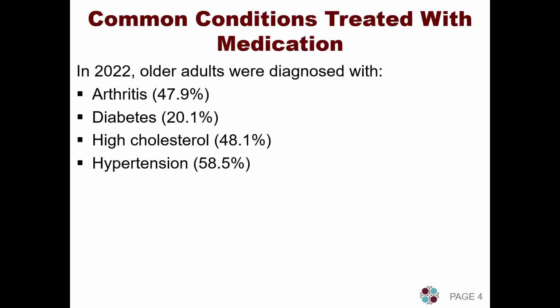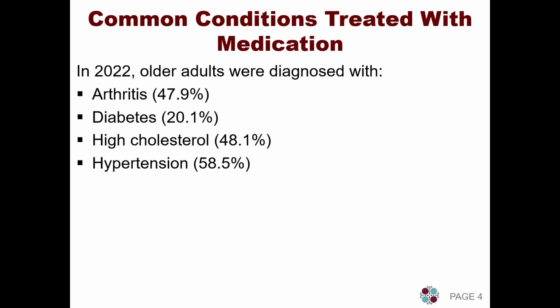Some of the common health conditions that medication might be used to treat include the following. And that same study in 2022 reported that older adults were diagnosed with the following. So 47.9% were diagnosed with arthritis, 20.1% with diabetes, 48.1% with high cholesterol, and 58.5% with hypertension.